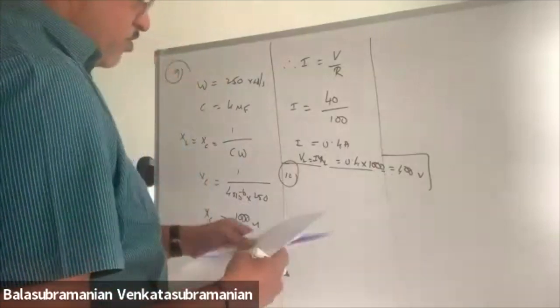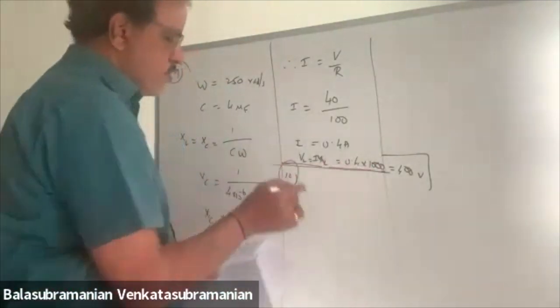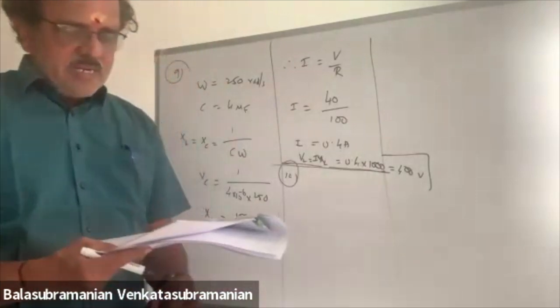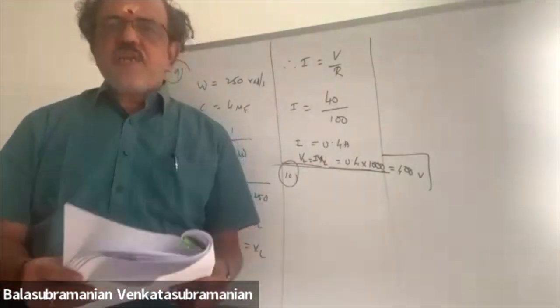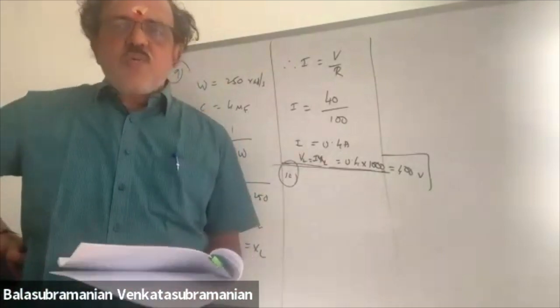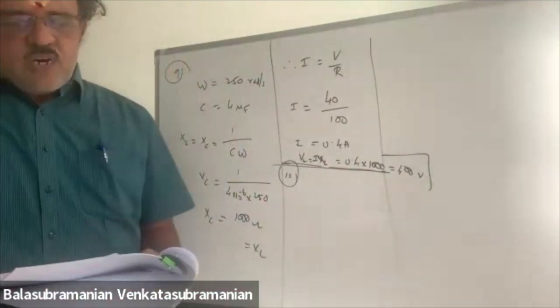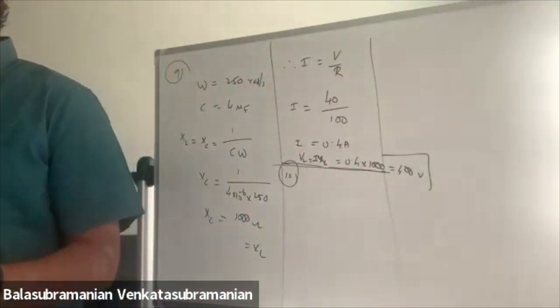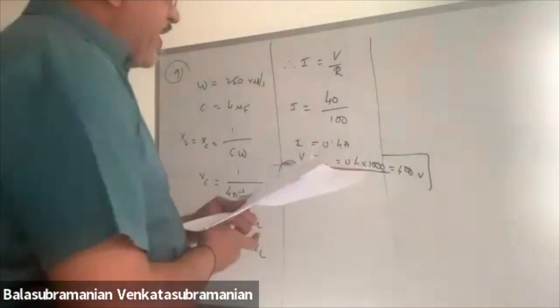Okay. Question number 10. An inductor 20 millihenry, capacitance 50 microfarad, and a resistor 40 ohm are connected in series across a source of V is equal to 10 sine 340t.